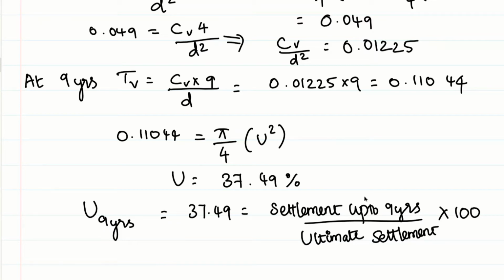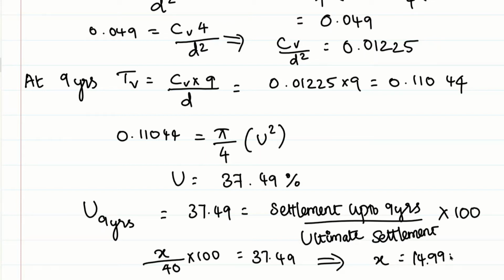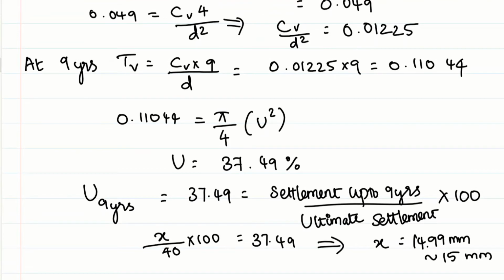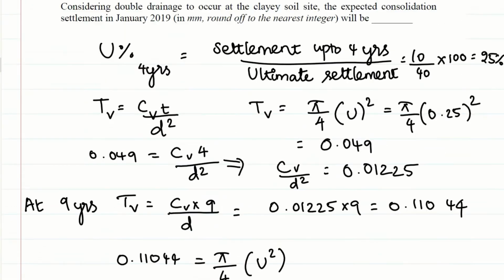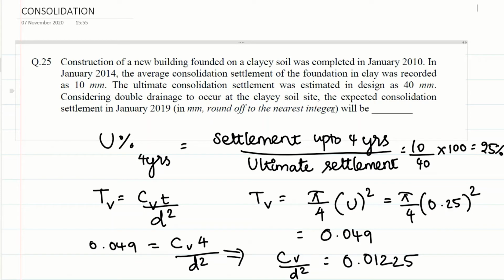So let us take this as x. So x by the ultimate settlement, which is 40 mm, into 100 is equal to 37.49. So that implies your x is almost around 14.99 mm, which is almost equal to 15 mm, because they are asking you to report to the nearest integer value. So the answer is 15 mm, right?